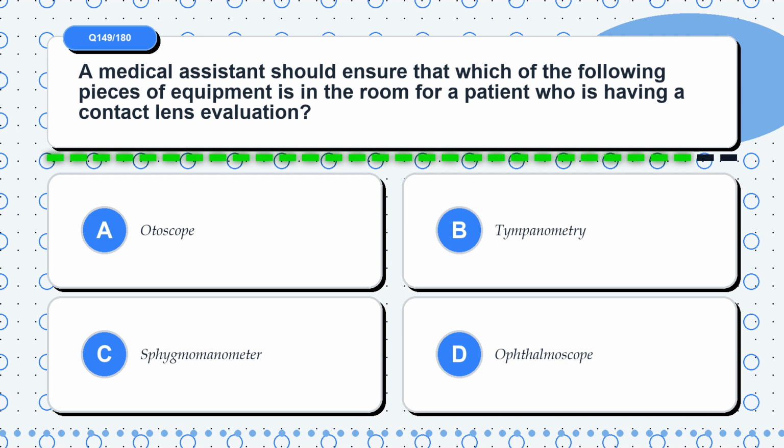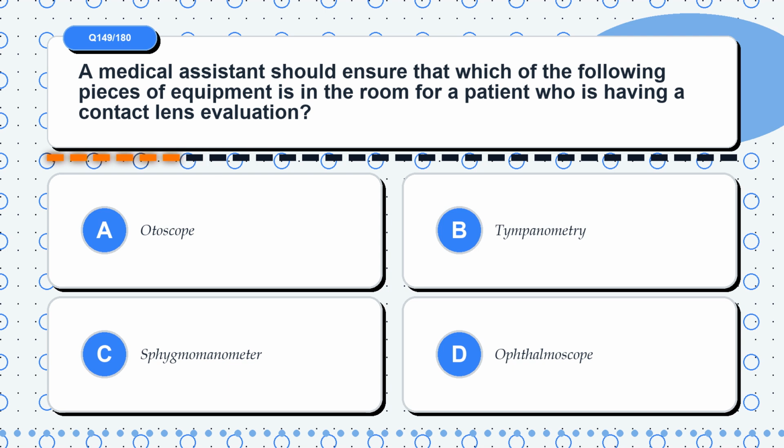Question 149. A medical assistant should ensure that which of the following pieces of equipment is in the room for a patient who is having a contact lens evaluation. Here are the options. Option A, otoscope. Option B, tympanometry.